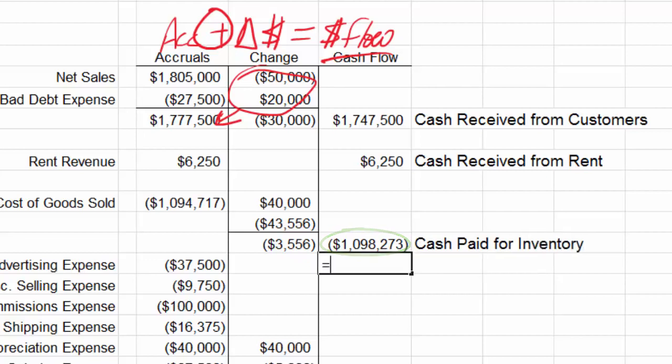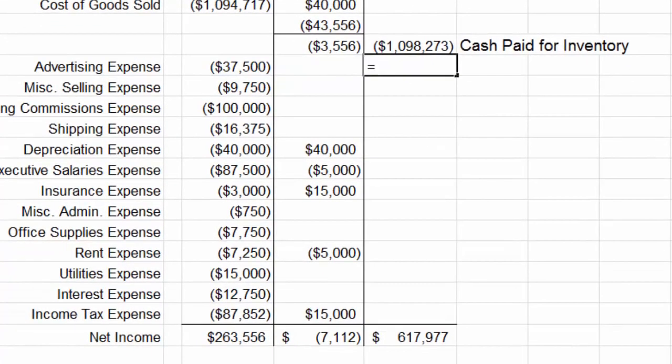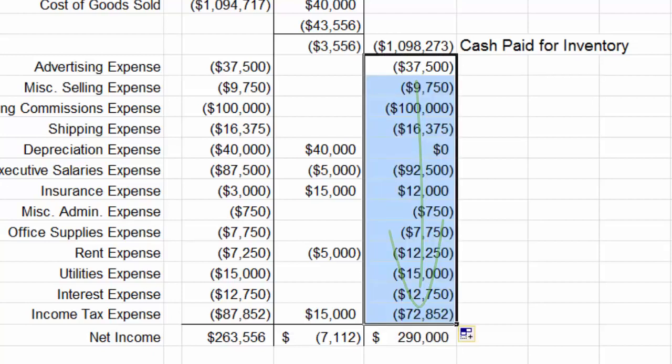Okay, now I have several that don't change. Let me do that again. I went kind of fast. I'm going to take this 37.5 plus that number, because that's my equation, accruals plus the change. I don't have any other doubles that I need to worry about, double effects. So I can really just copy this equation all the way down, and I'm going to. So down it comes.